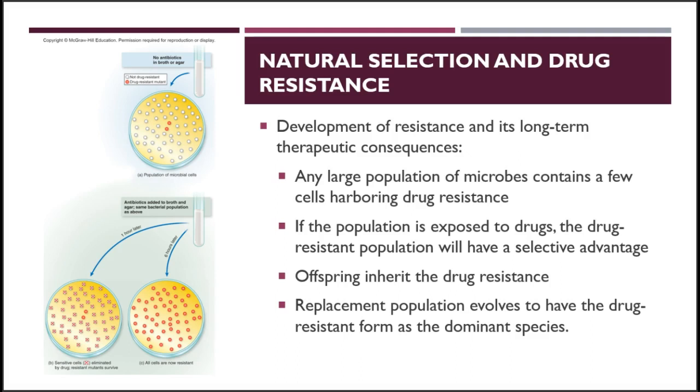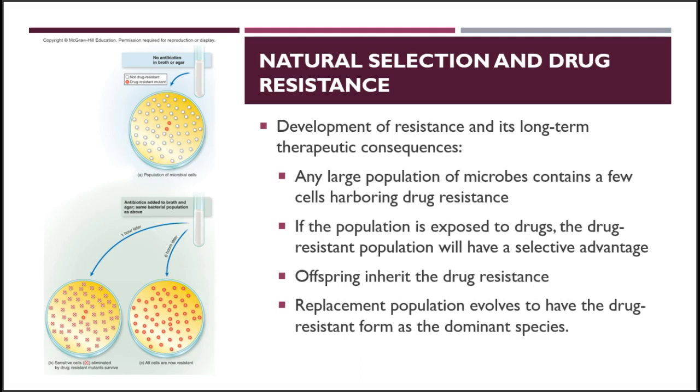Drug resistance has a lot to do with evolution and natural selection. If you look at the image here, you can see that we have a plate of organisms with a number of colonies. All of the white ones are not drug resistant, but the two red ones are drug resistant.